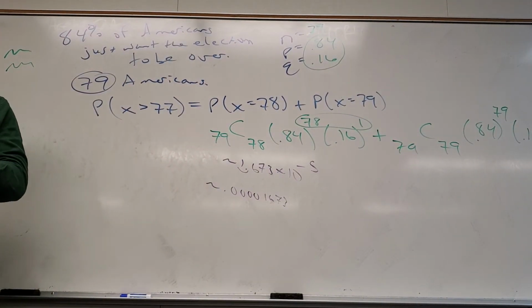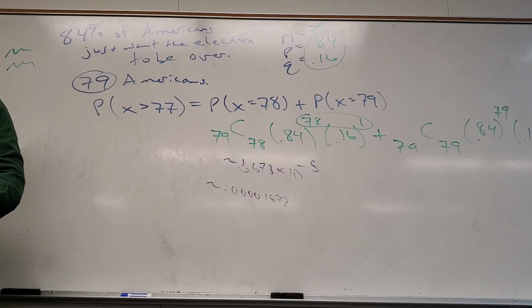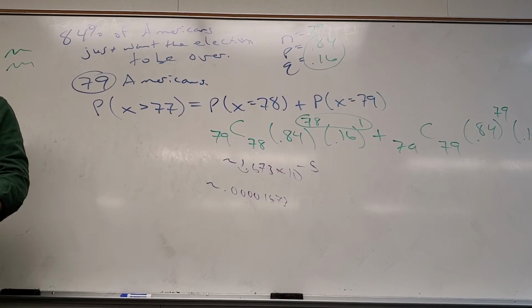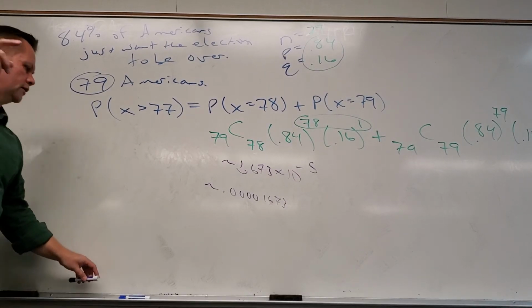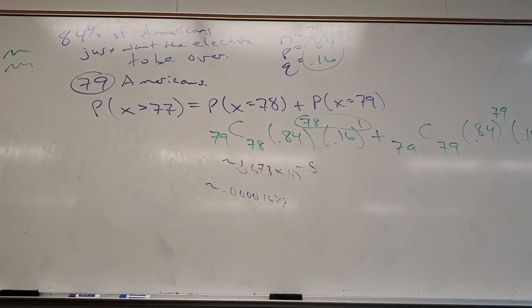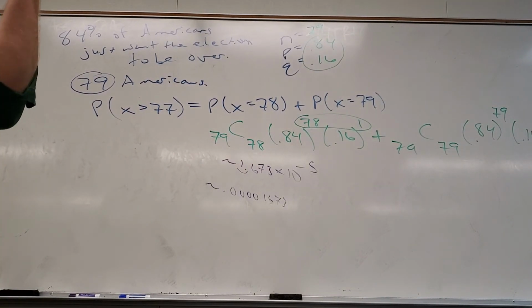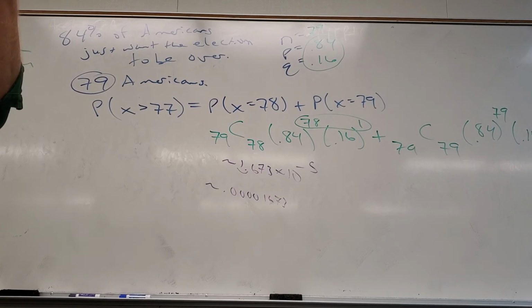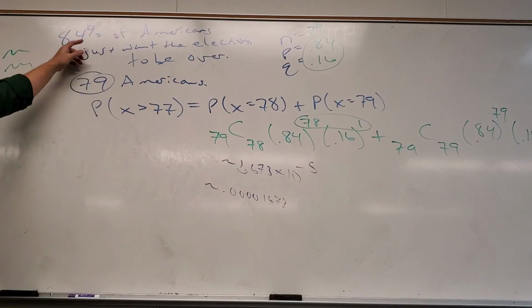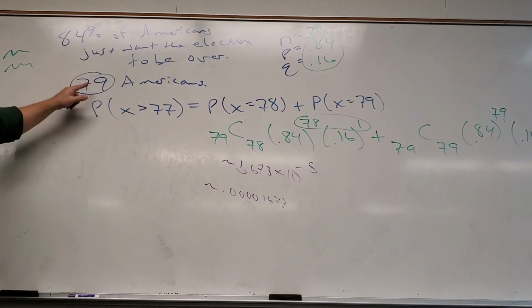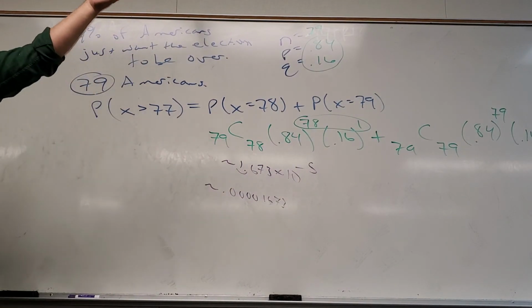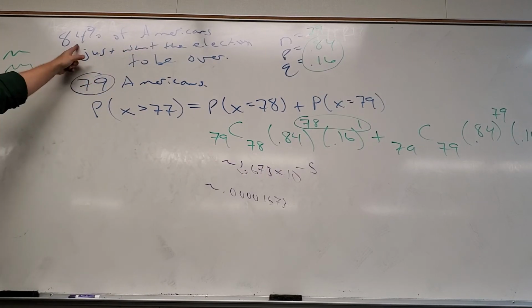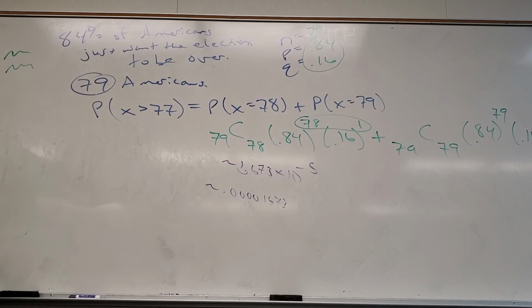Why does it make sense that it's such a small probability? Did we do the mean and standard deviation, the little tiny formulas for n, p, and q problems? Does anybody remember what the mean formula was? In fact, if you forget what the formula is, just do what makes sense. How many people would you expect out of 79 to want the election to be over? Well, 84% of everybody wants it to be over, so 84% of 79 is how many I expect.